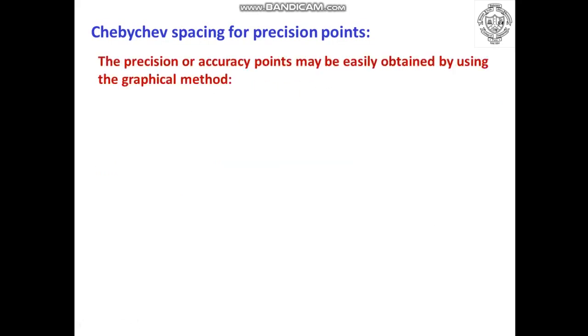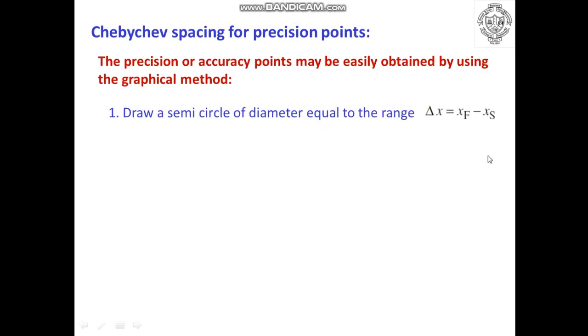So now let us start studying the graphical method which is used for locating precision or accuracy points using the Chebyshev spacing method. The first step is to draw a semicircle of a diameter equal to the range del x equal to xf minus xs.